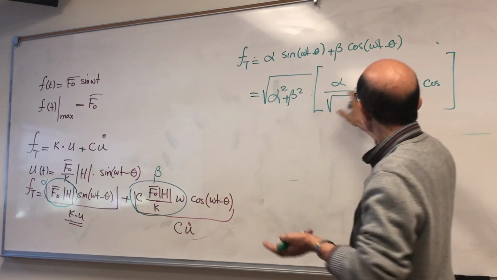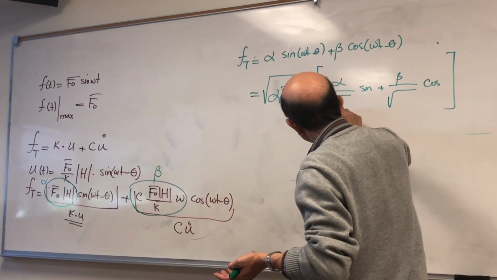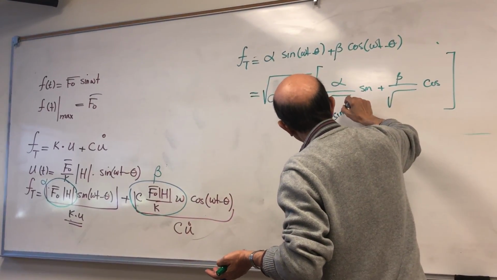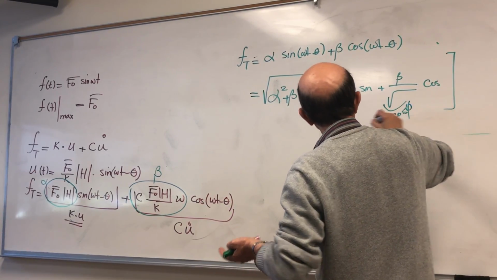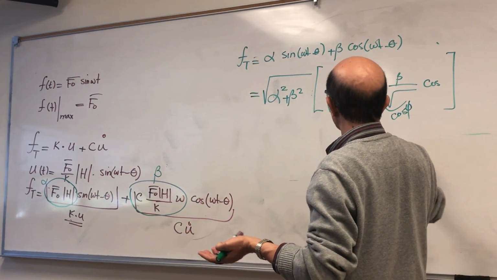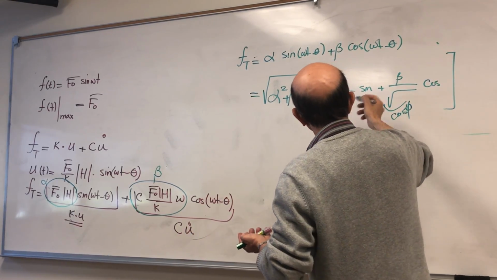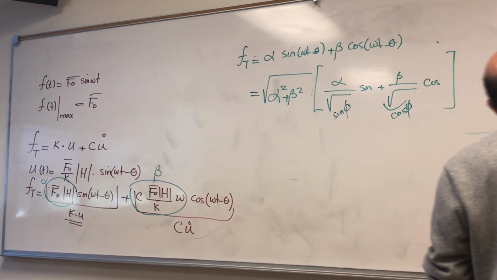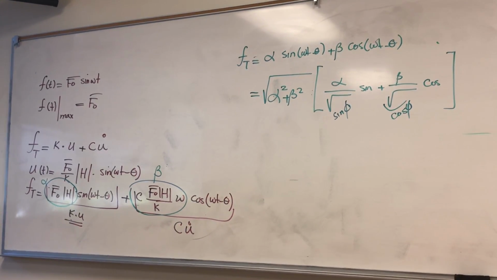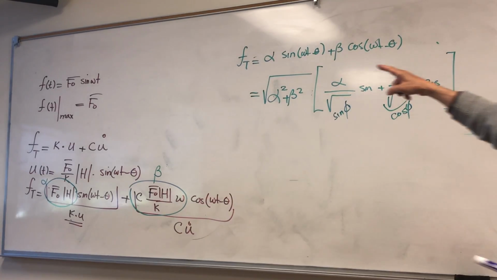And you know that this is the sine of some angle phi, and this is the cosine of phi, so the sum of these two becomes sine of phi plus whatever, right? But we don't care about this part. All we are really interested in is the maximum value of this.